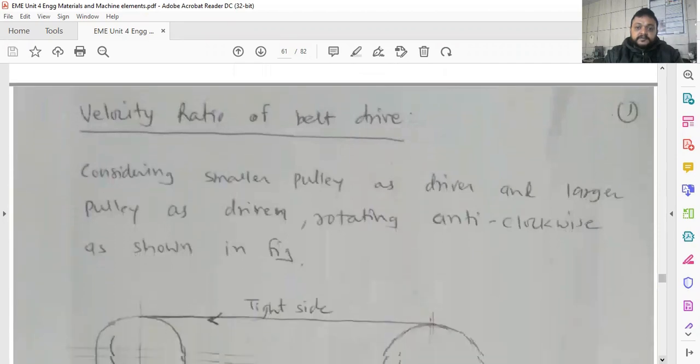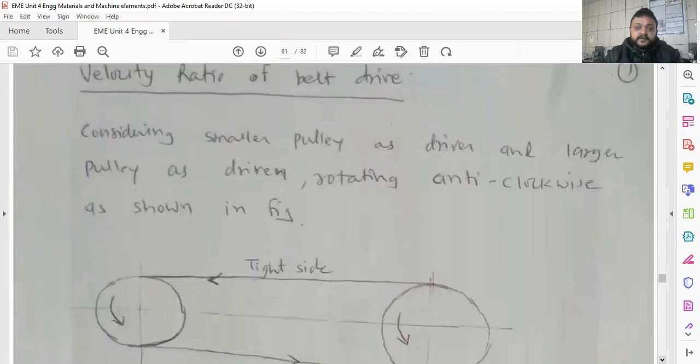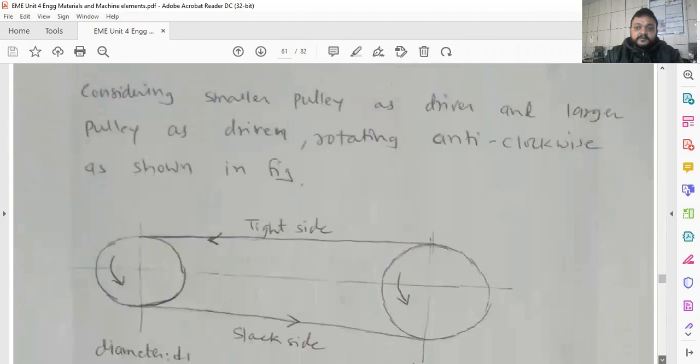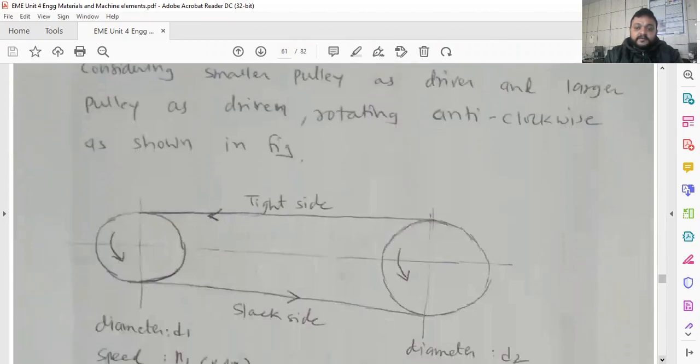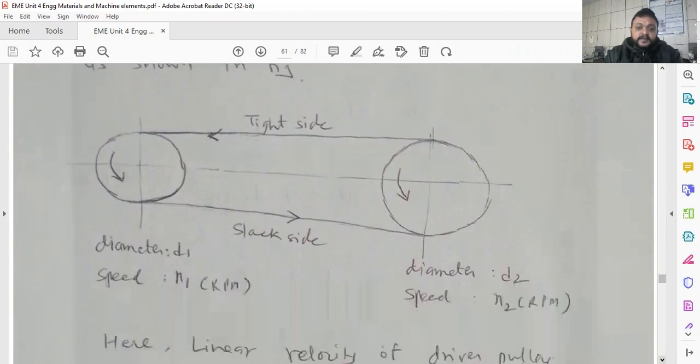Velocity ratio: considering the smaller pulley as driver and the larger pulley as driven, rotating anti-clockwise. You can see the tight side is on the upper side as it is rotating anti-clockwise as shown in the figure, and the slack side on the bottom side. So what is the speed? Diameter is d1, speed is n1 for the driver, and diameter is d2, speed is n2 for the driven.